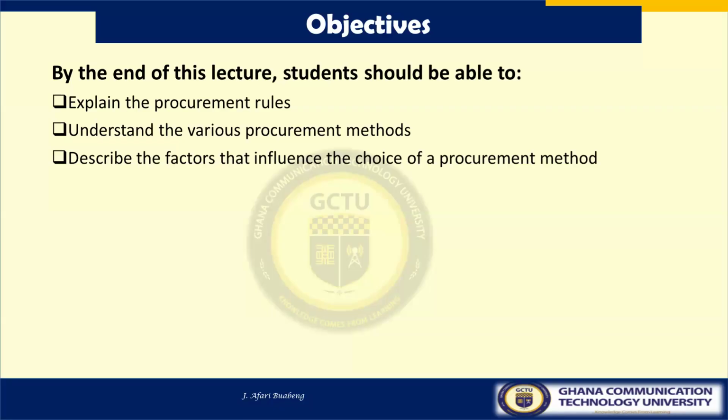So this is what we'll be doing for today. We look at procurement rules, procurement methods, and then factors that influence the choice of a procurement method.